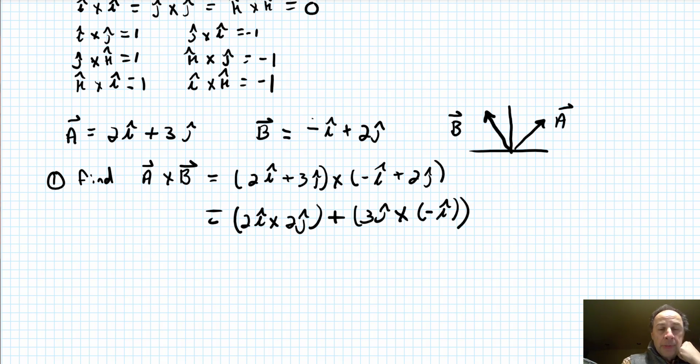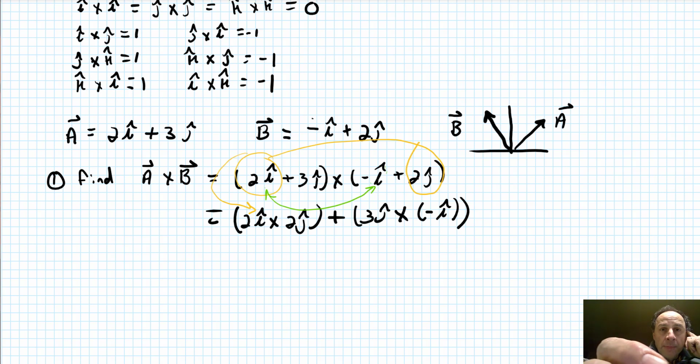Okay, so just to be clear about how we got that, this crossed with this is this term here. And when you cross these two, right, they're in the same direction. So those two are 0.